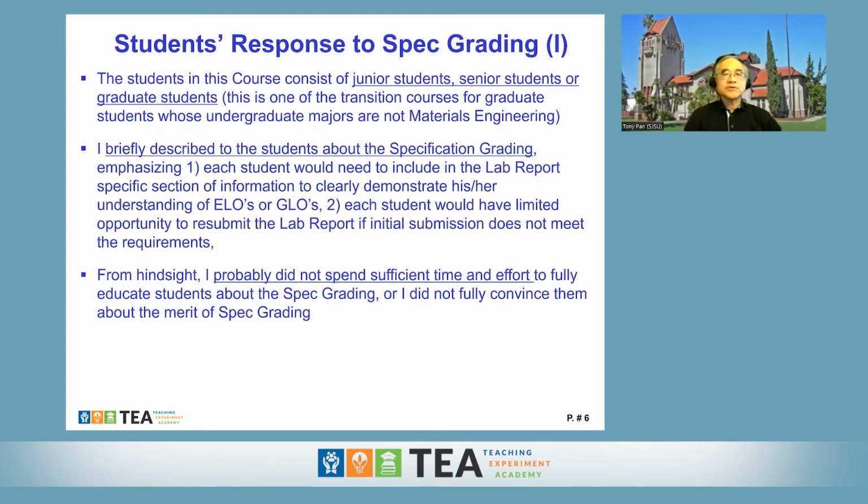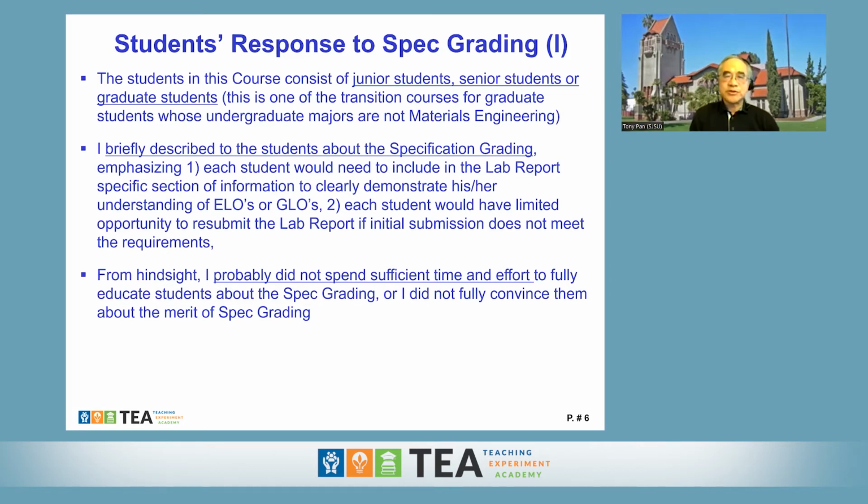Students in the course consist of juniors, seniors, or graduate students. For graduate students, this is one of the transition courses they need to take to be admitted to the materials engineering master's program if their undergraduate majors are not materials engineering.